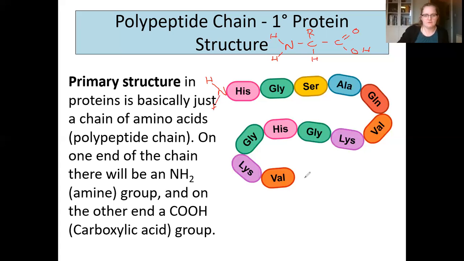And coming off of valine at the end, we'd have our carbon coming off here, so that'd be our carboxylic acid group coming off the end. So they're just the loose ends that are there, and that's all that means. Nothing too fancy going on. So that's our primary structure. Nothing too complicated there.